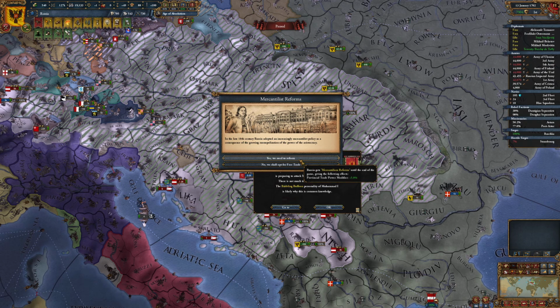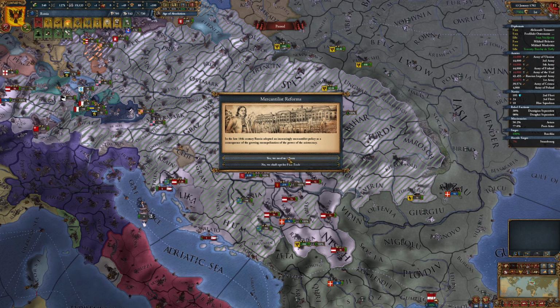This is an interesting one, because what you could do is actually increase the amount of trade power per province, and it's basically any province you own gets a trade power increase by 5%, or your overall trade efficiency goes up by 5%.